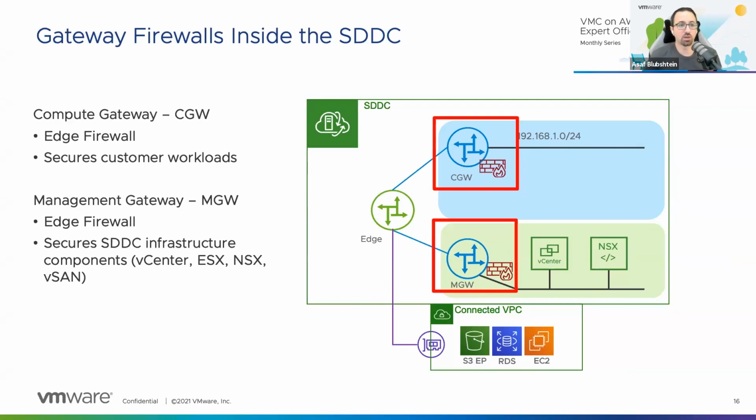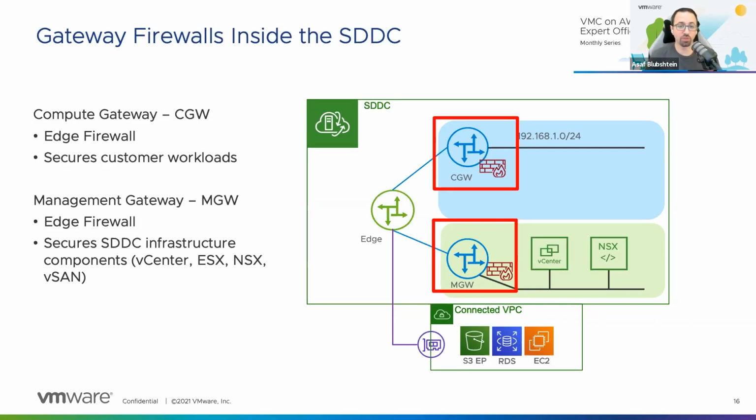In VMware Cloud on AWS, we have multiple gateway firewalls. As we also have two tier one routers, we have the compute gateway, which connects to all of the workloads, and the management gateway that controls access to our management VMs and the ESX hosts.